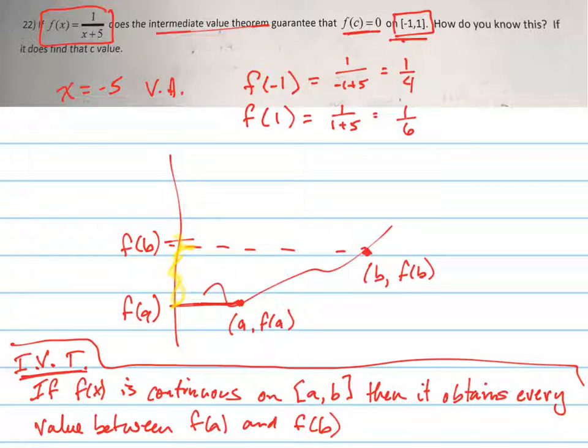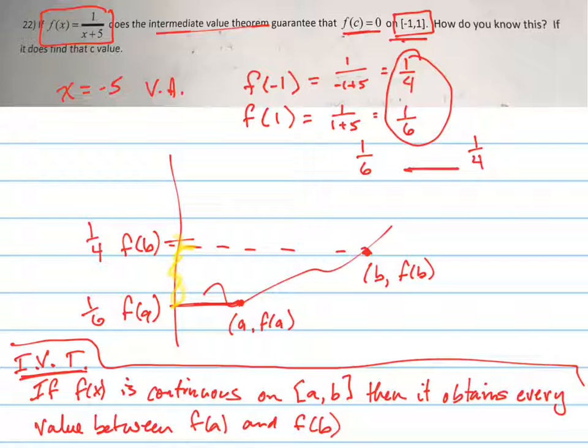Correct? So what the intermediate value theorem says, look at the bottom again, is that this function will obtain every value between 1/4 and 1/6. In other words, this is 1/6 and this is 1/4.